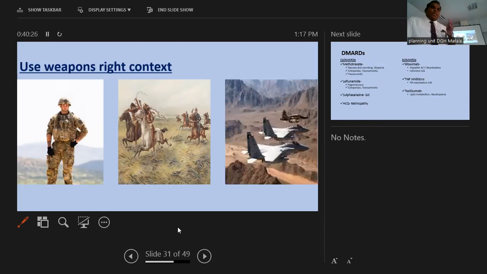Then, if it is a Gulf War, a Persian Gulf War, the hydroxychloroquine or methotrexate alone may not do the job. You might need a stronger weapon like a biologic DMARD.